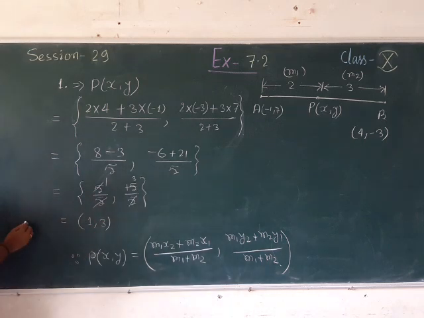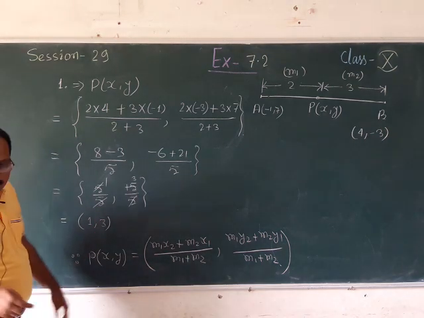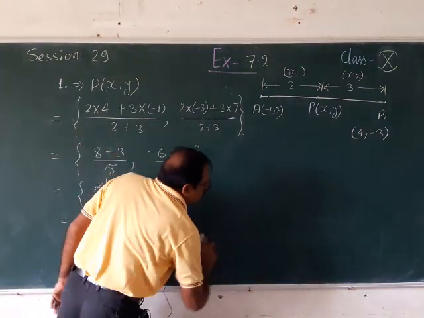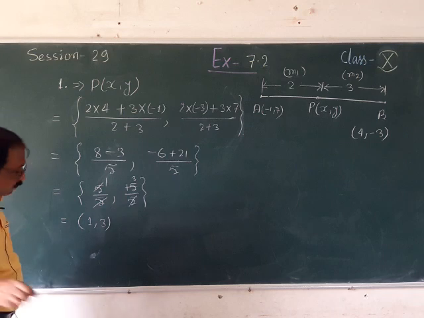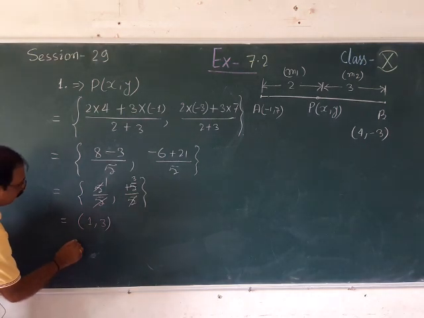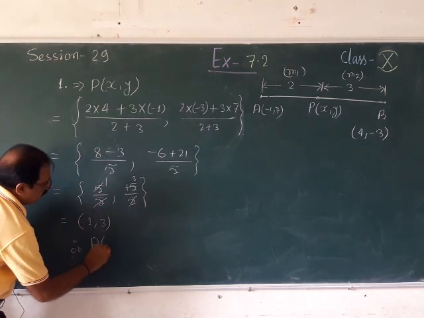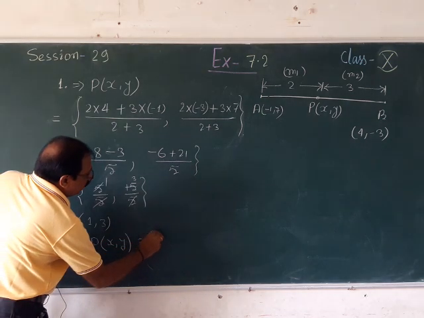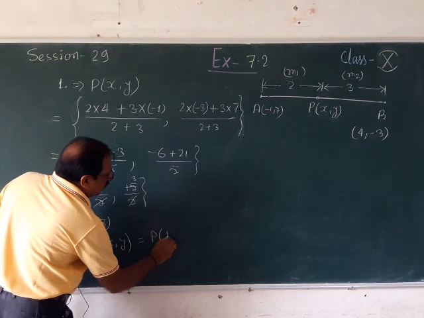That means we have got the coordinate of x and y. Therefore P(x, y) is equal to P(1, 3).